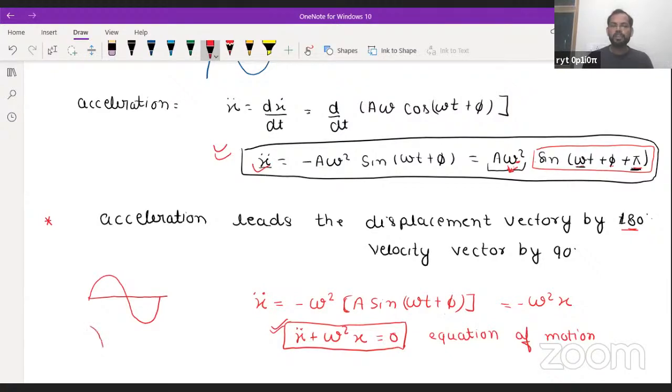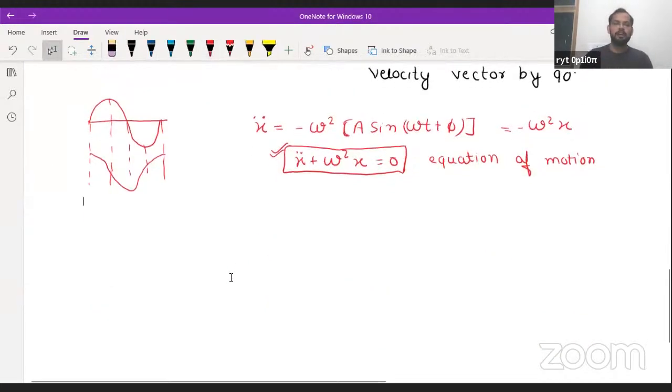When you draw the velocity equation, you will get something like this. And when you draw the acceleration graph, it will be something like this, because when you are leading by 180 degrees, the graph will start something like this.